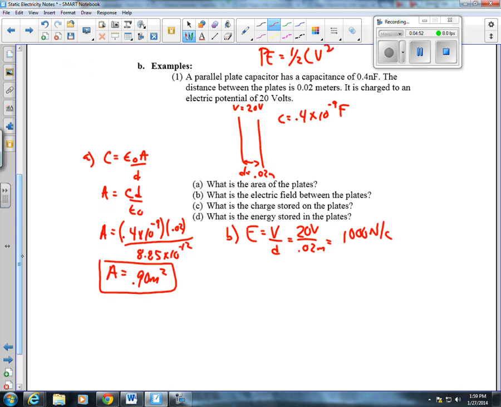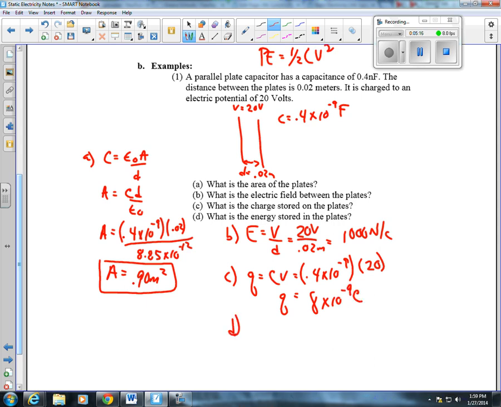Part C, the charge stored on those plates. Q is CV. Capacitance was 0.4 times 10 to the minus 9, and the voltage is 20 volts. And that's going to give me that Q is 8 times 10 to the minus 9 coulombs.